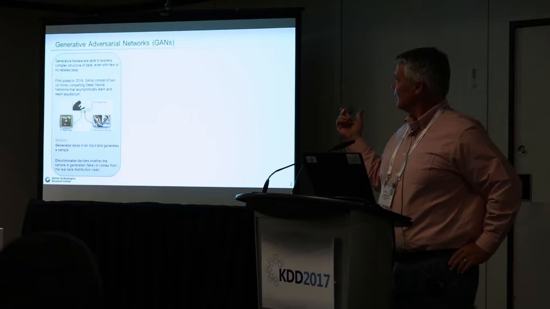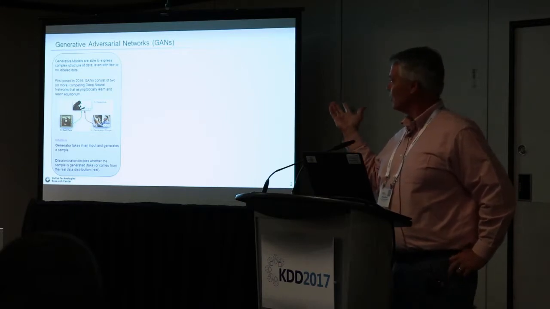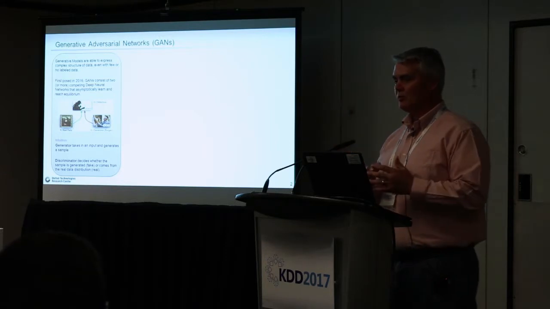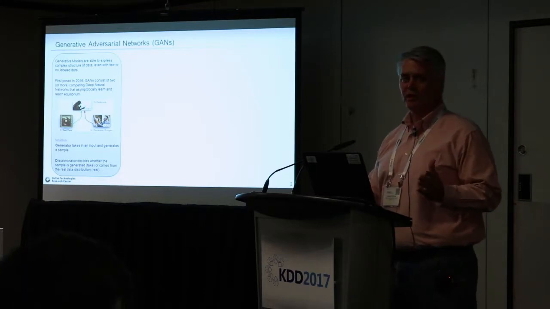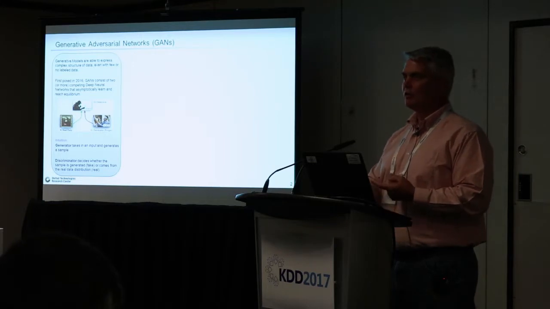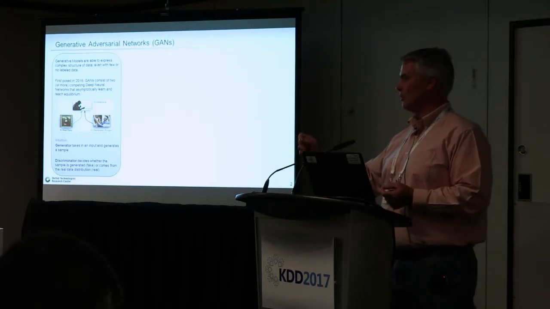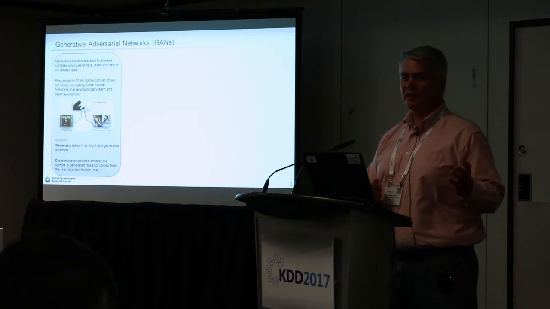The reason we're interested in generative models, and there are many reasons for it, one of which is that it's modeling the full joint probability distribution. If it can do that well, not only can you later use it for discriminative types of models, but you can also use it to generate data.